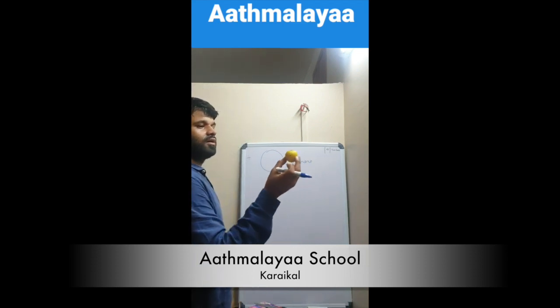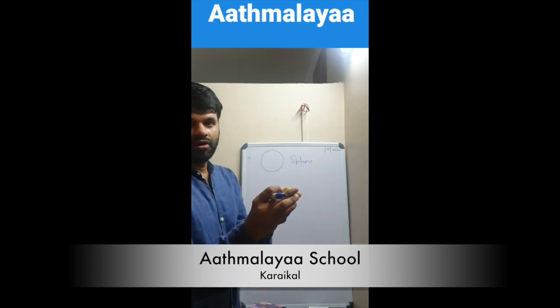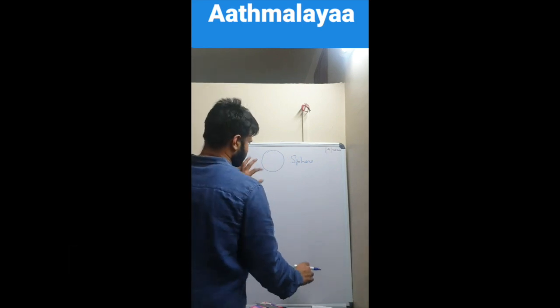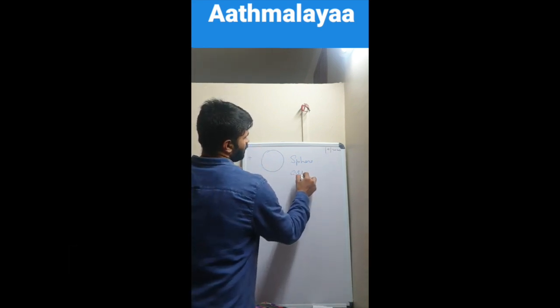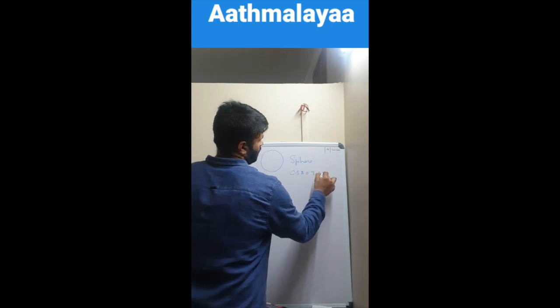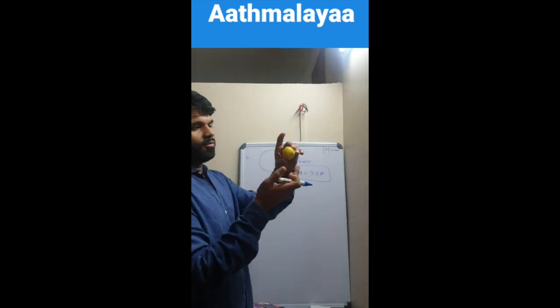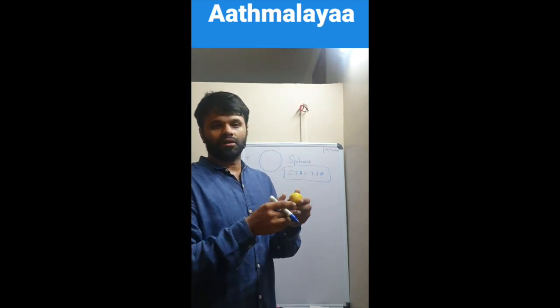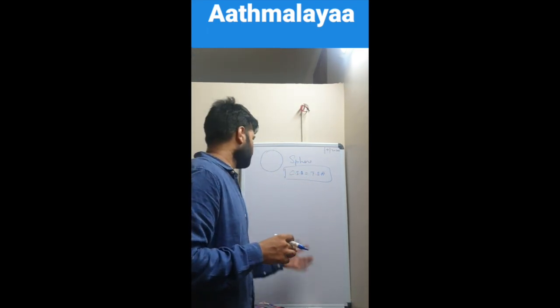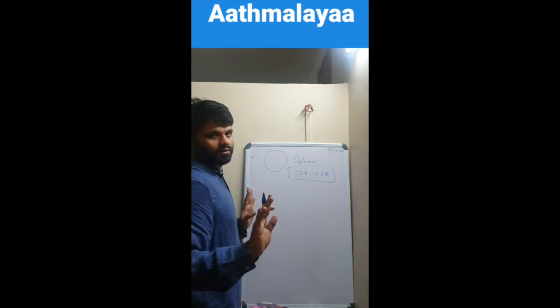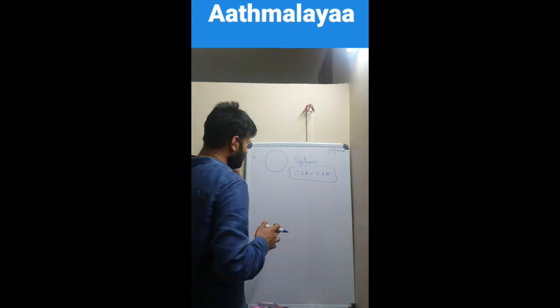Since it does not have a top side, bottom side and all, it has only one full side surface. So for sphere alone, curved surface area is equal to total surface area. Remember that always. There is no top side or bottom side, however you turn it, it is the same. So for this figure, curved surface area is equal to total surface area. There is nothing separate. Clear?